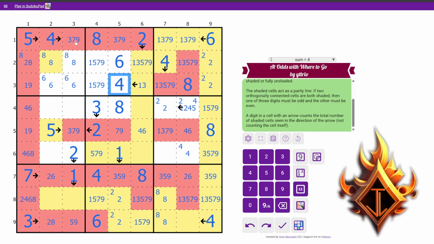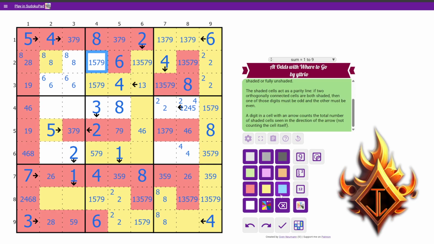Because if they were, if this 4 was red, it would have to be odd, no matter which way it came from. Again, because of the little bishop trick we can use. So we know that that is yellow, and we know this one is yellow for the same reason, which will make that red. It is even, which is good. This is yellow, but it does not matter.